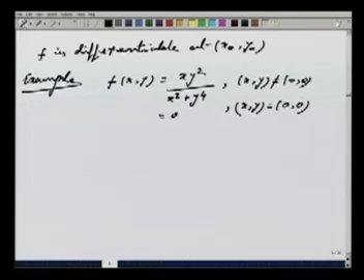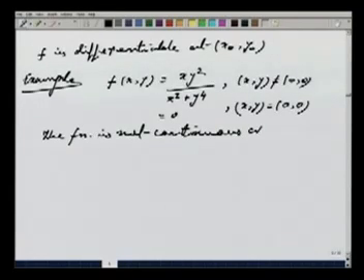For this function, we have seen that the function is not continuous at 0, 0, but all the directional derivatives exist.